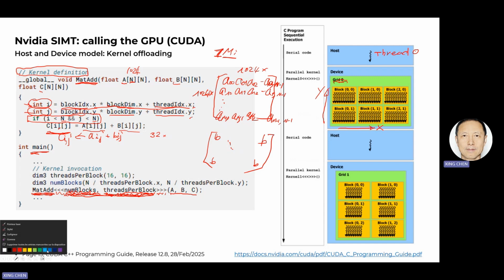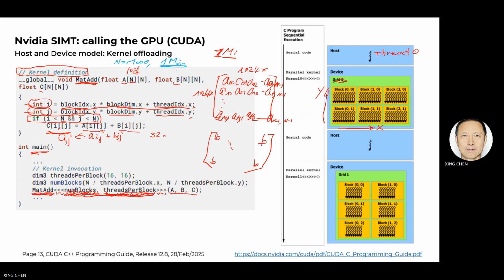Suppose right now that you have 1,000 elements. N is 1,000. So then you have 1 million elements for the matrix. For each matrix, you have 1 million elements. But if you do the kernel function call, you ask for pretty much 1 million, 1 binary million.